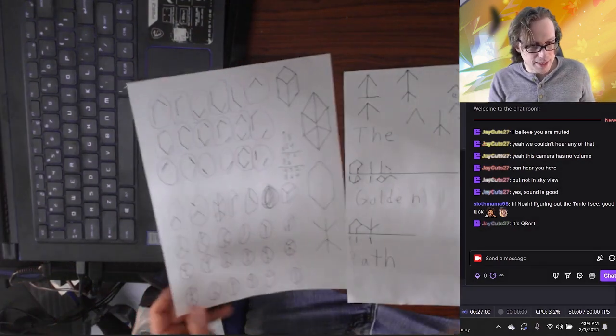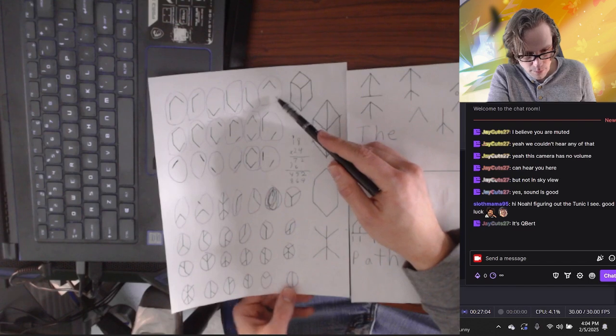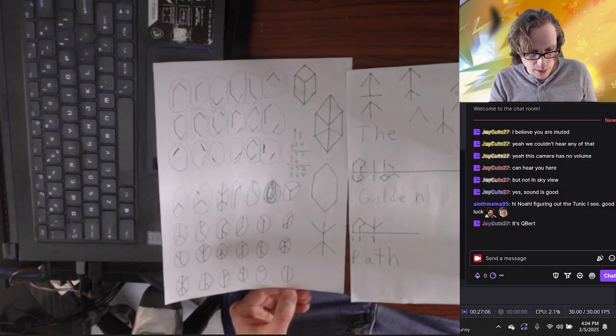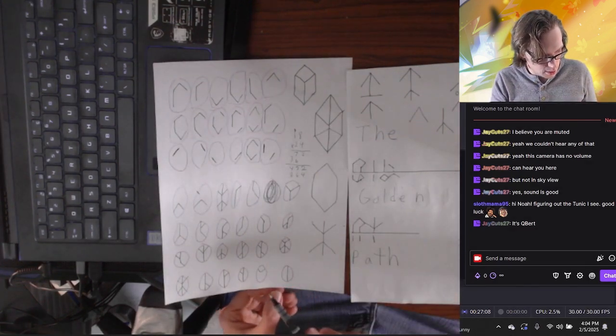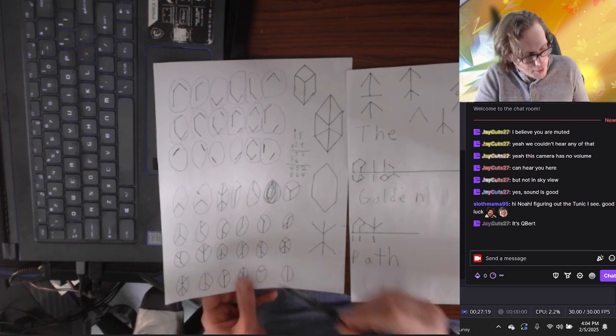So the is actually this symbol and... does that not exist? Oh no, there it is.